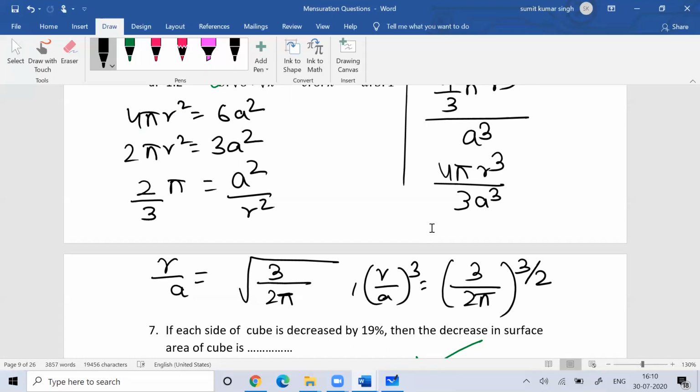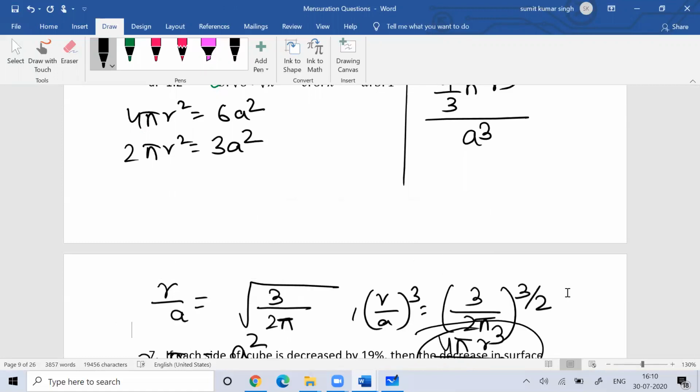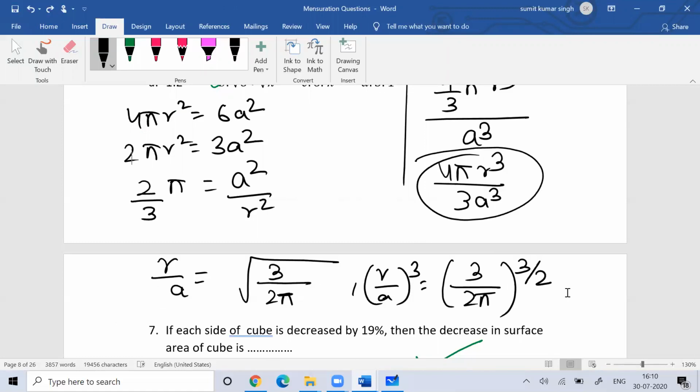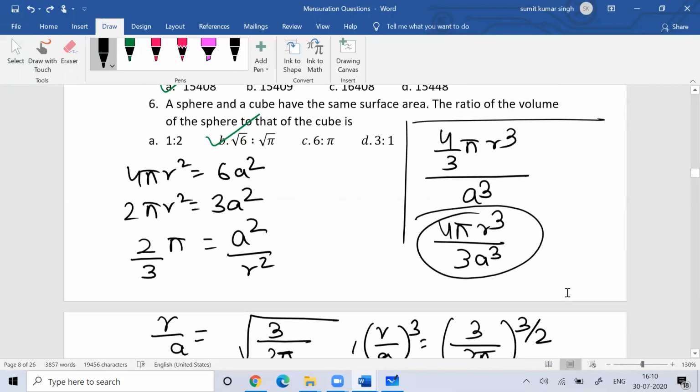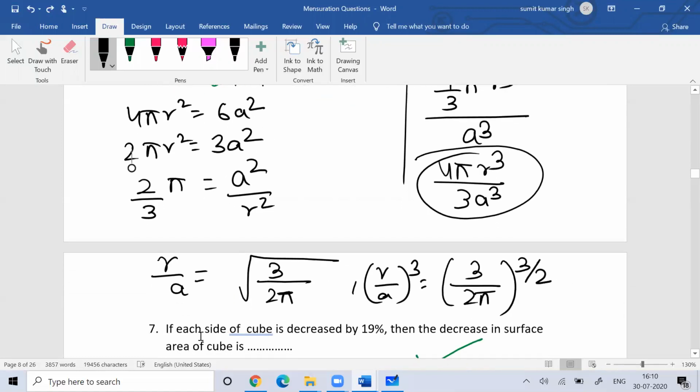Now if I want this value, I need more space. One minute, let me create more space.